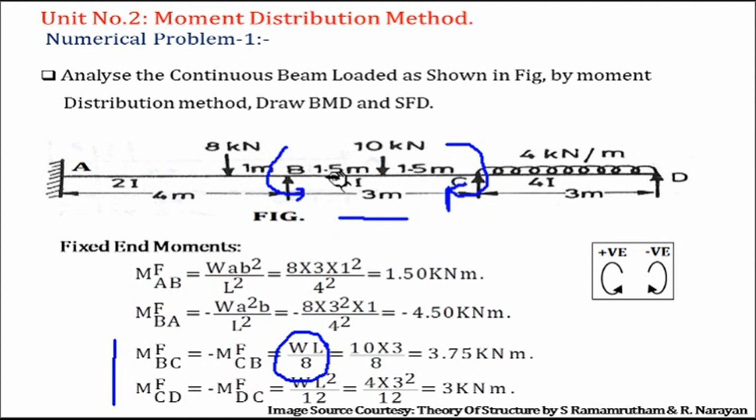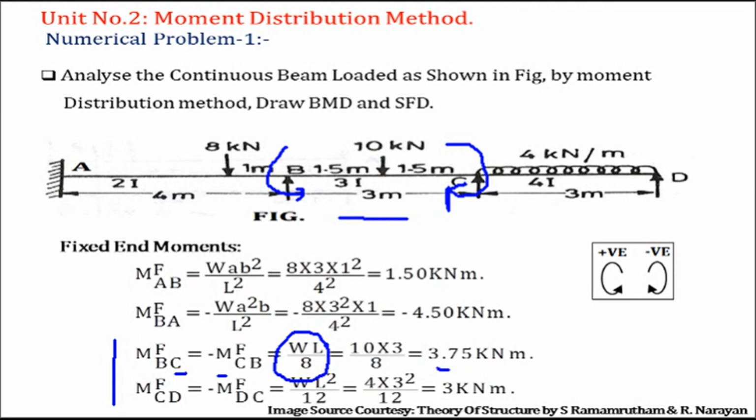So MFBC at B is positive and MFCB is negative. Loading is symmetrical, so equation remains same, WL by 8. W is 10, L total span is 3 divided by 8, so it is equal to 3.75 kN/meter. MFBC is plus 3.75 and MFCB is minus 3.75 kN/meter.